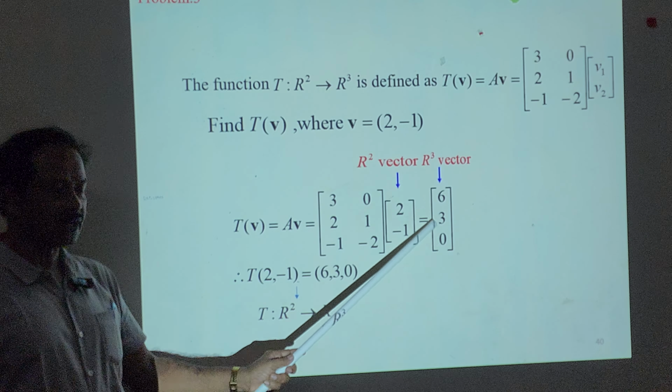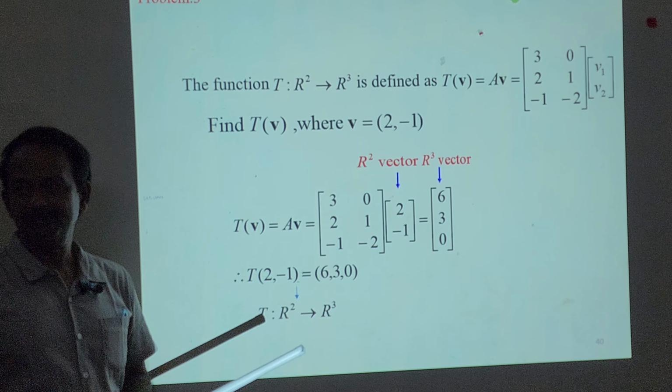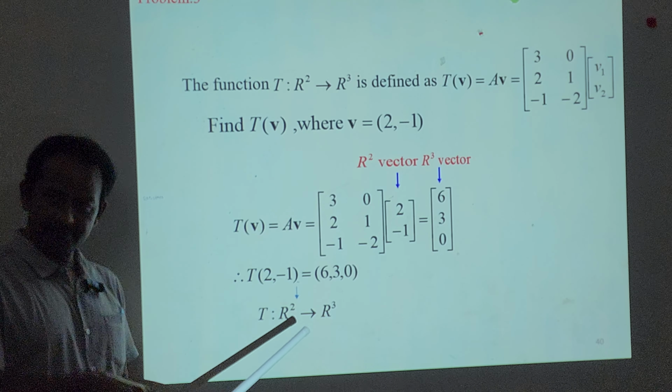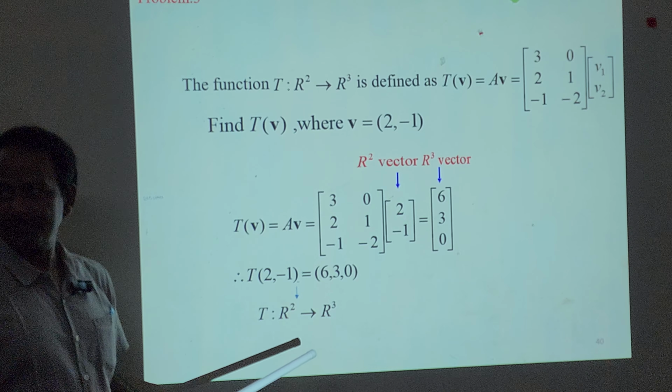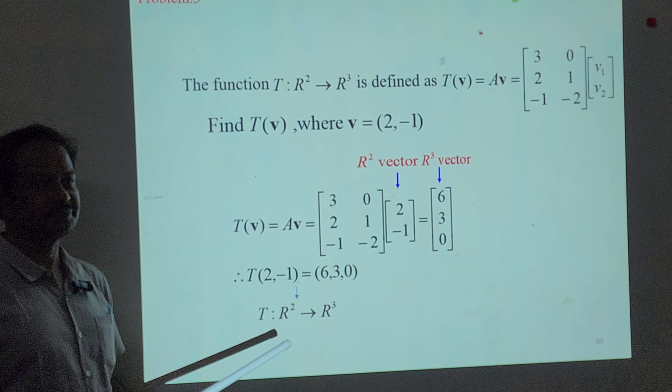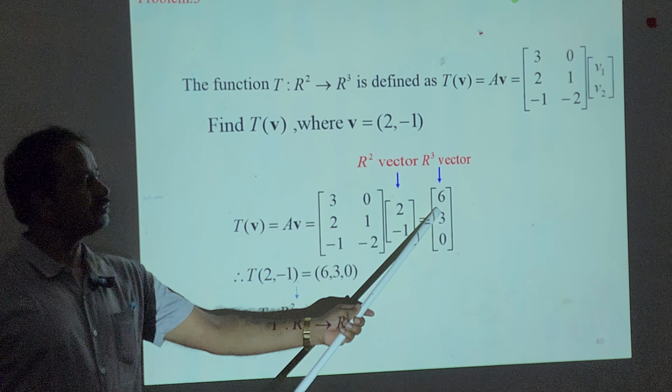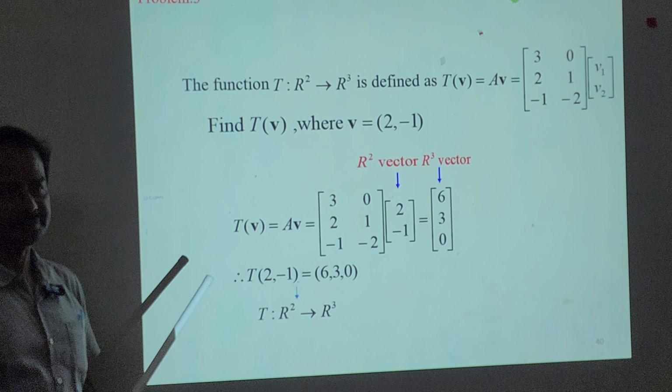So T of (2, -1) is given as (6, 3, 0). (2, -1) has only 2 components, R squared. (6, 3, 0) has 3 components, R cube. So the transformation of R squared gives you R cube, and this also is a linear transformation.